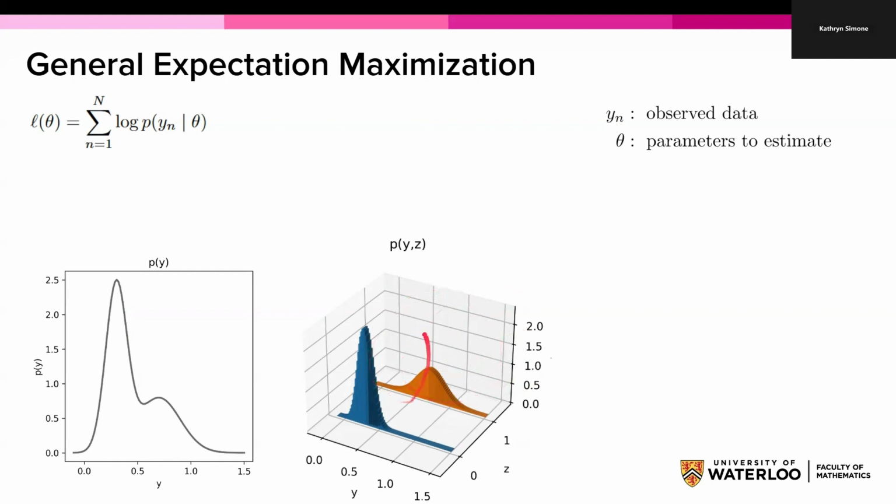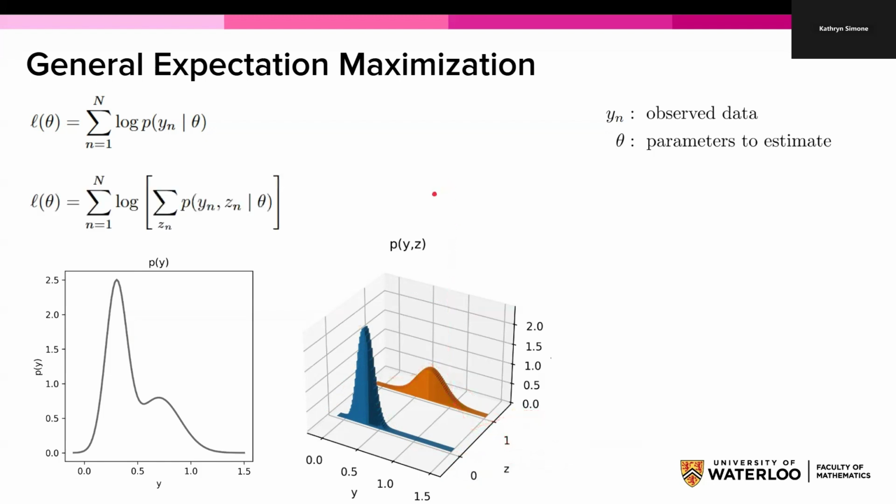On the bottom here, I've plotted an example of a joint density between the continuous variable y and a hidden categorical variable z. You can think of variable z as controlling which distribution the data comes from. For example, if z is 0, then we're going to sample from one distribution, whereas if z is 1, then we're going to sample from the other.